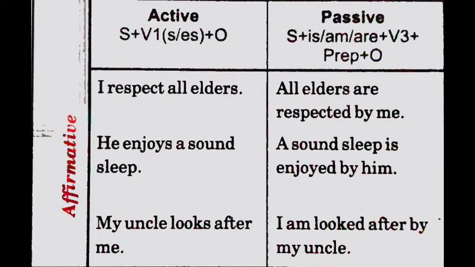But whenever we convert any sentence to passive voice, the verb changes to the third form of the verb. So first of all, we'll interchange the position of subject and object. We'll add the preposition by, and for the verb, we'll use is, am, are plus the third form of the verb. We are using is, am, are because it is a sentence in present tense, and the third form of the verb for passive voice.